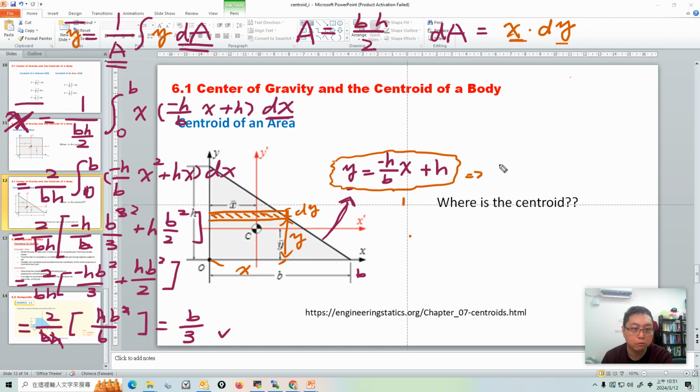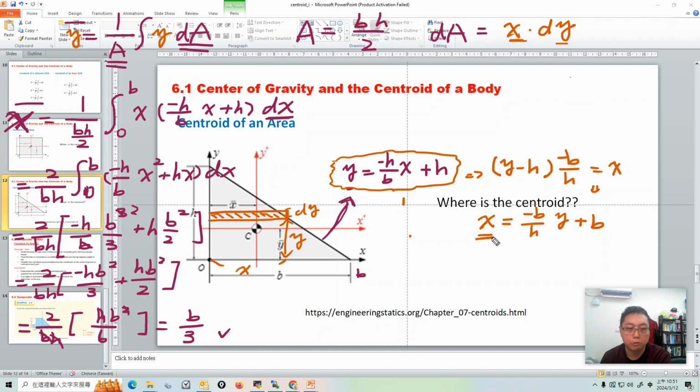It just tells you y minus h over b times x equals this. So that means x equals (h minus y) b over h, plus b.